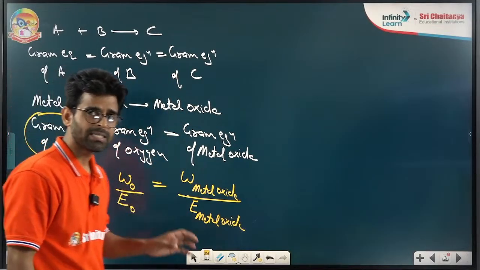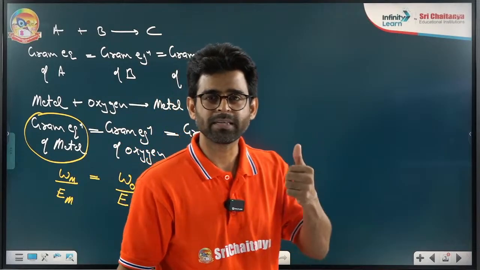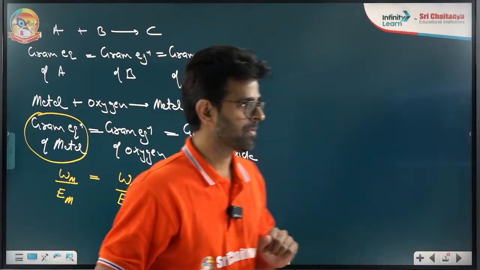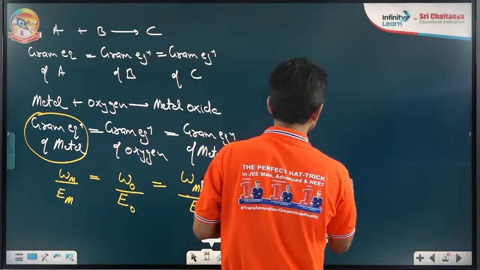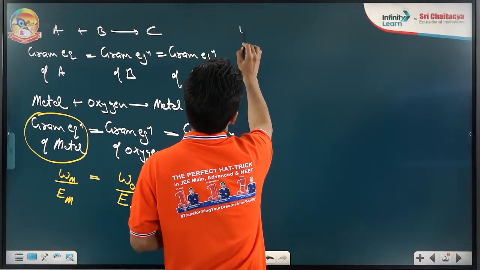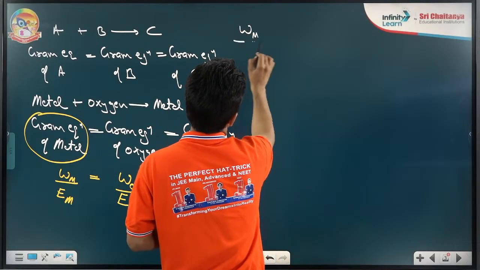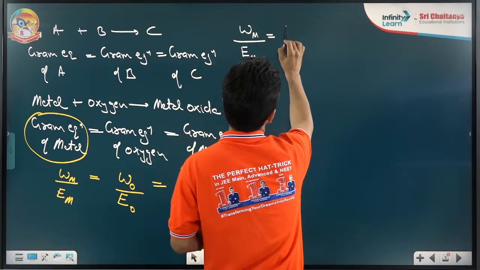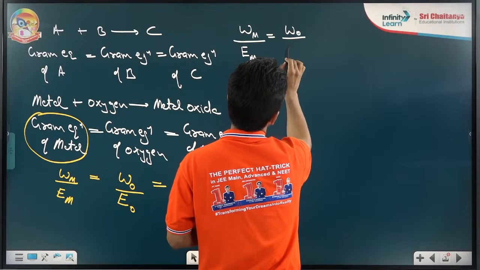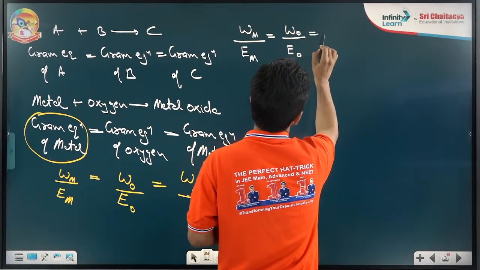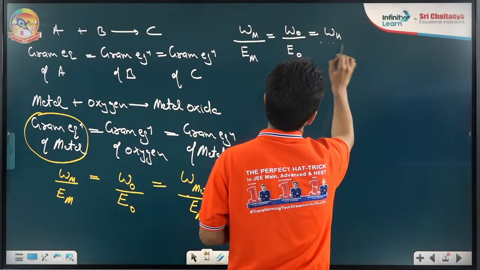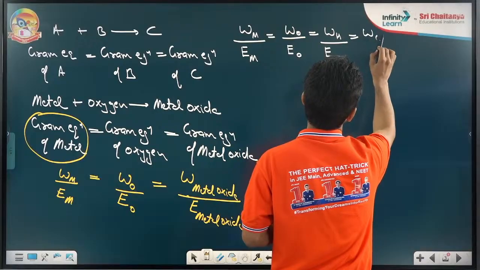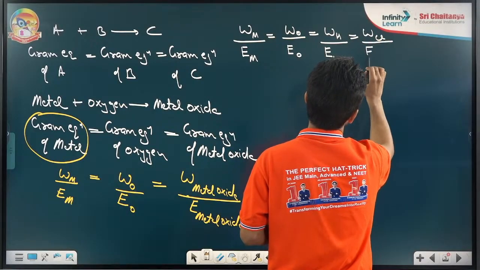So if you want to solve the previous questions in a short way, you can use this shortcut. They gave the weight of metal, you divide by the equivalent weight of metal, which we normally found, and it equals the weight of oxygen divided by the equivalent weight of oxygen, or sometimes they give hydrogen, the weight of hydrogen divided by the equivalent weight of hydrogen, or the weight of chlorine divided by the equivalent weight of chlorine.